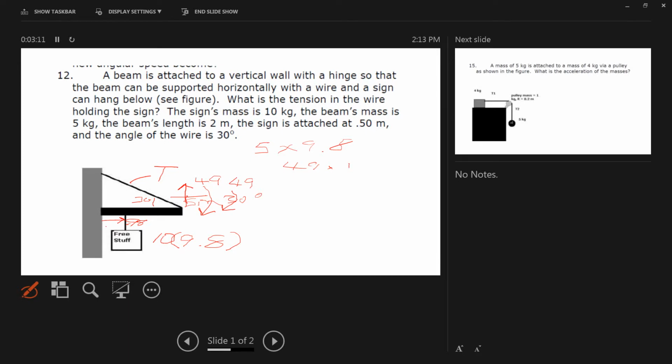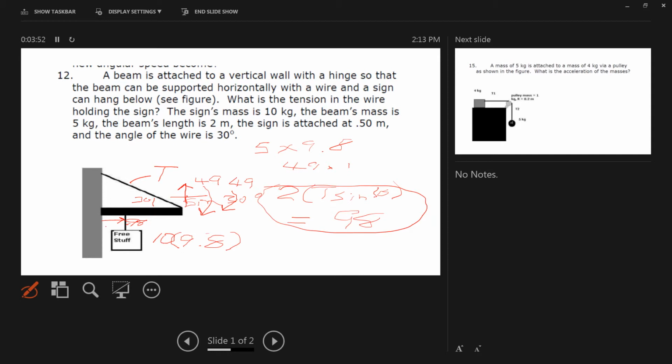So the torque due to that force is 2 meters times T sine 30 in the counterclockwise direction, and that equals the torque in the clockwise direction, which was the sum of this 49 and that 98 times a half, which is also 49, so that's 98 newton meters. If you solve that equation for the tension, you'll be able to answer that problem.